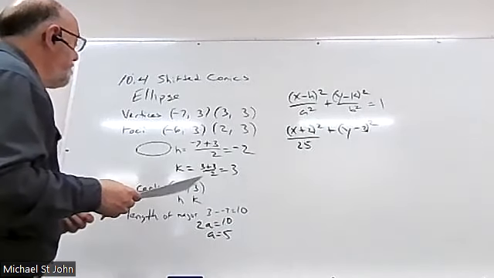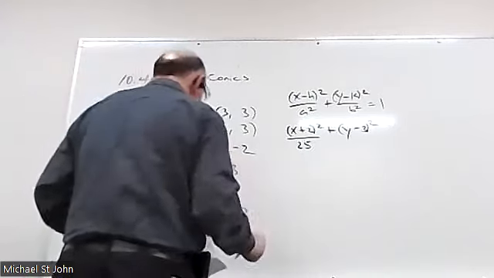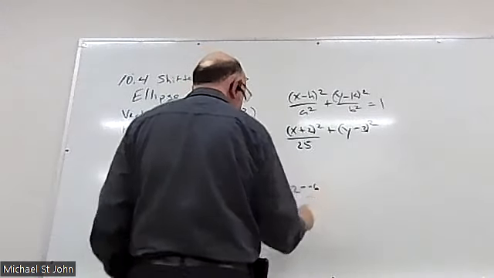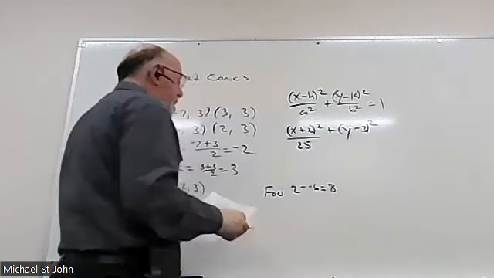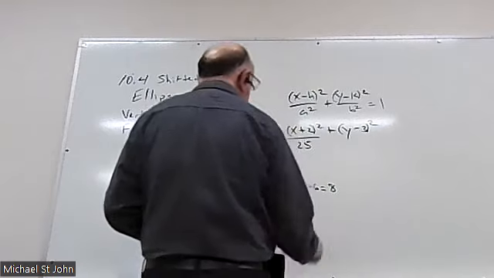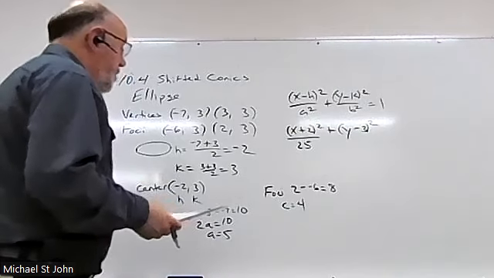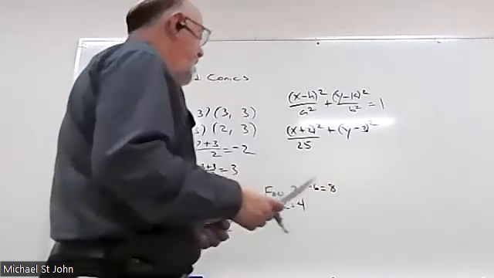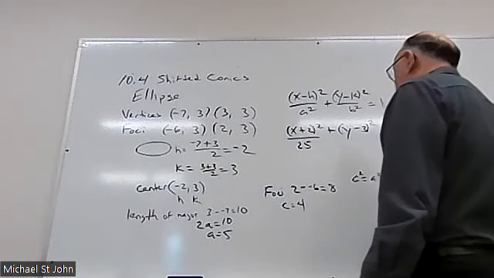And then we can get the distance between the foci, so these numbers. For the foci, we have 2 minus negative 6, which is 8, and so c is 4. So we know a, we know c. Of course, we now need to know b in order to get that number in here. We have that c squared equals a squared minus b squared.